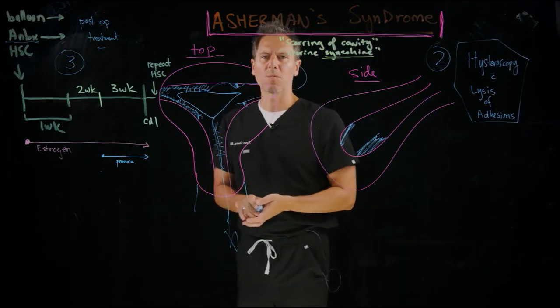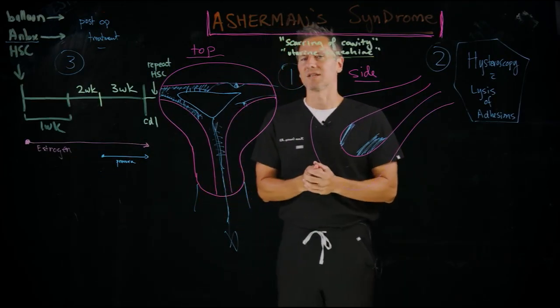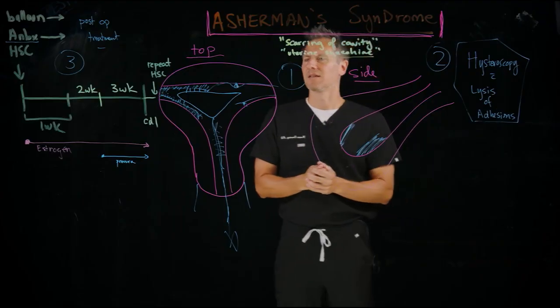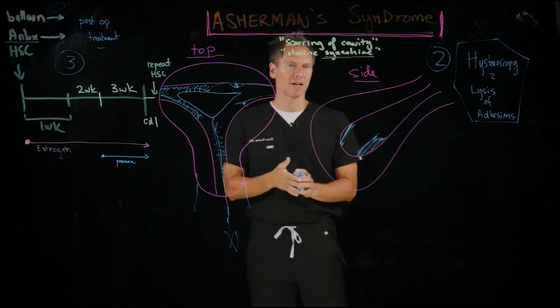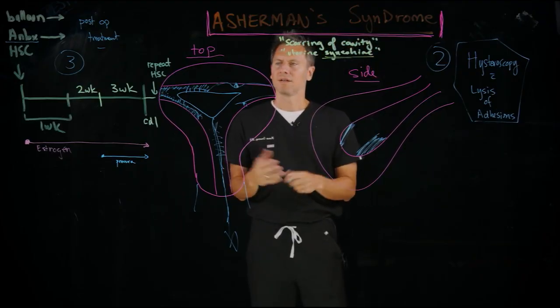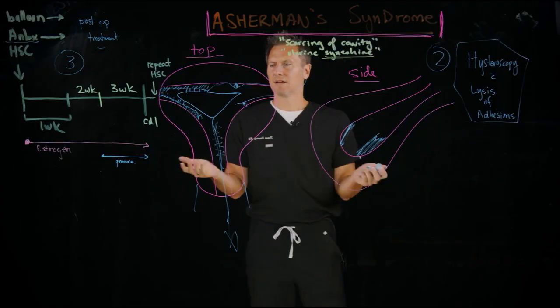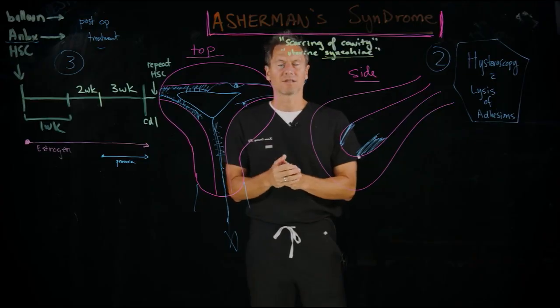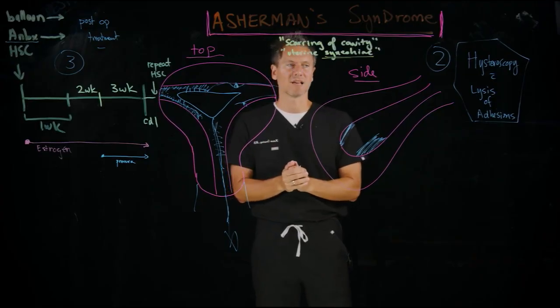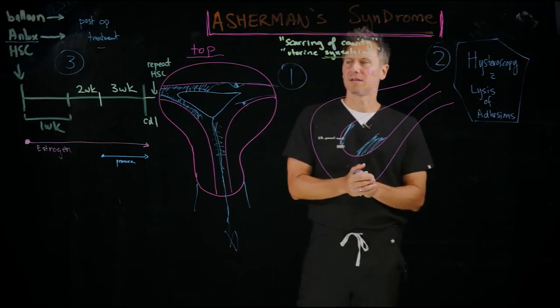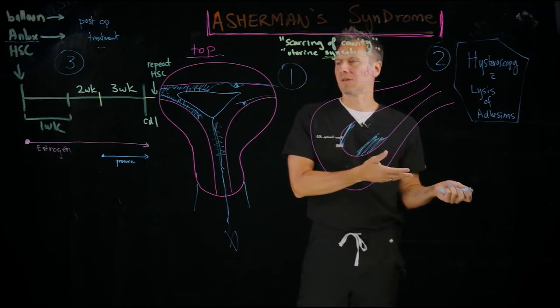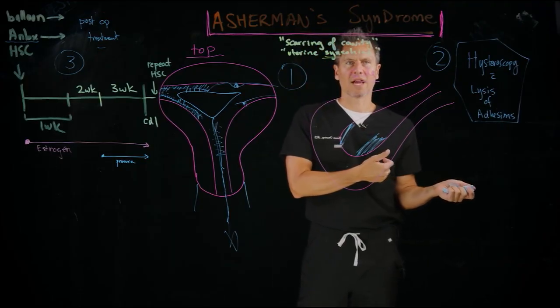So again, this is more complex hysteroscopy than just the simple hysteroscopy that many gynecologists are comfortable with. So if you have any questions about it, talk to your gynecologist, see a reproductive endocrinologist like myself, and know that there is a viable treatment path for you.